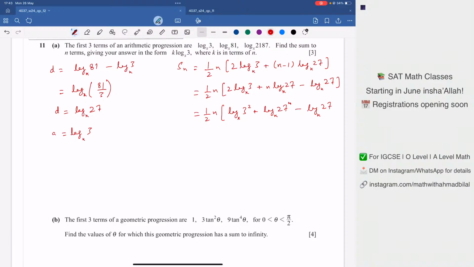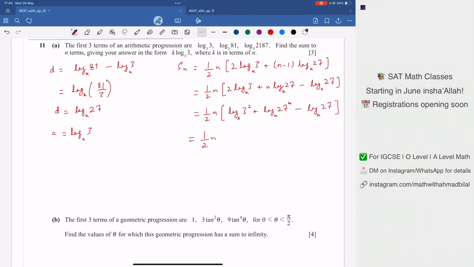Okay. Now let's simplify this further. Let's move on and see what we get from this now. I could actually just take this to the power initially. That would have probably made things relatively easier. Okay, let's just continue like this now.